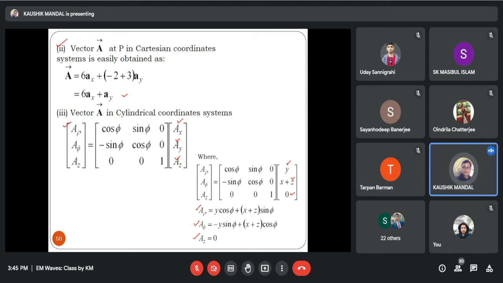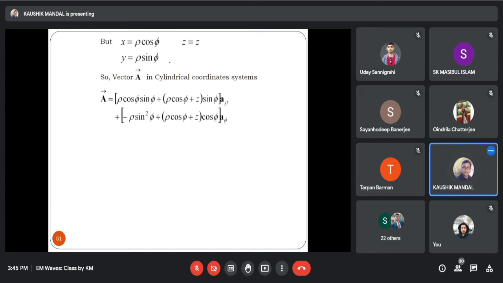The problem is not solved completely yet, because you have to completely convert it into cylindrical form. That means now you have to replace all these x, y, z, because cylindrical coordinates mean there will be only rho, phi, z. Still, in these equations x, y are present. From the relation we know x equal to rho cos phi, y equal to rho sin phi, and z equal to z.